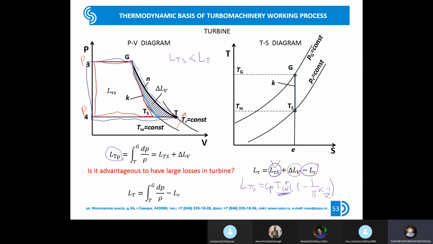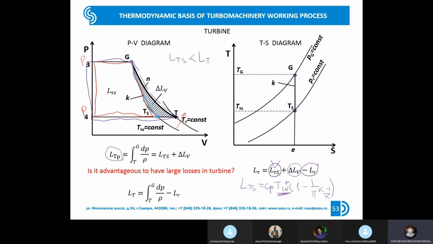So in the compressor, the increase in temperature has a negative effect because we must pay twice for the losses. In the turbine, of course, we are paying for the losses, but finally we can return some energy back.